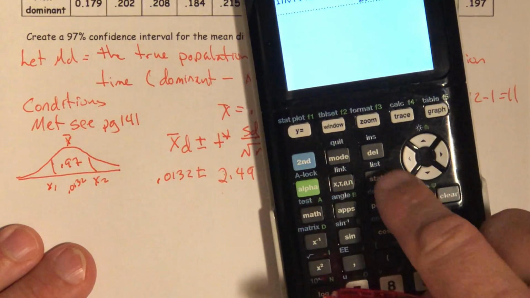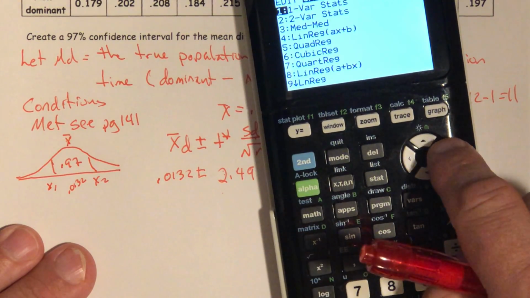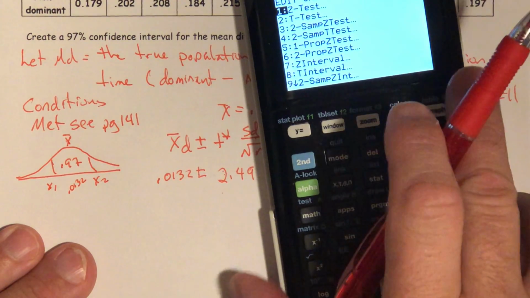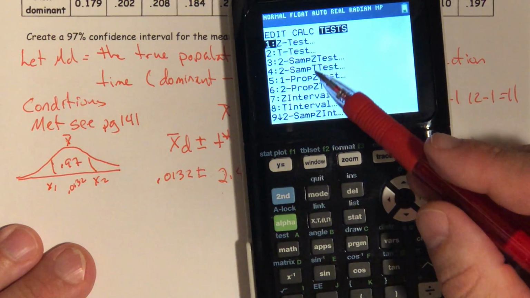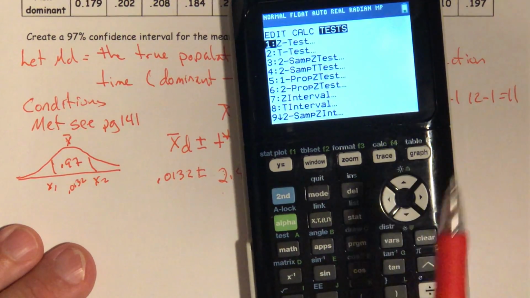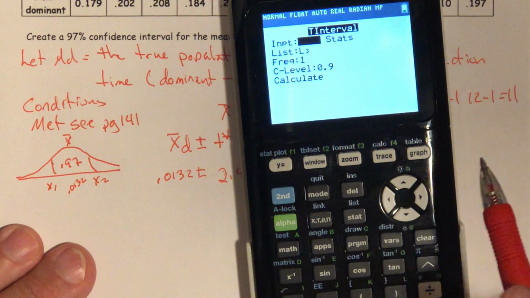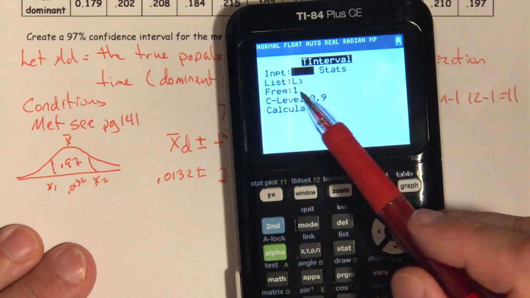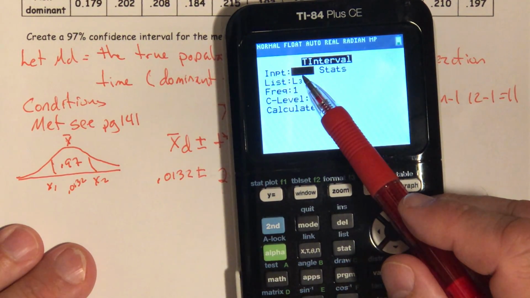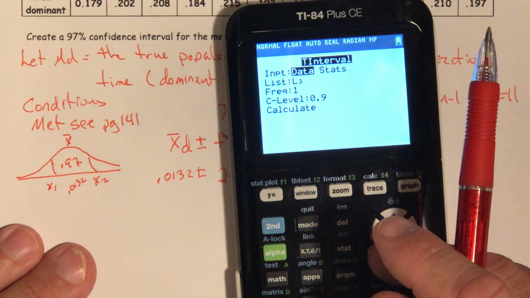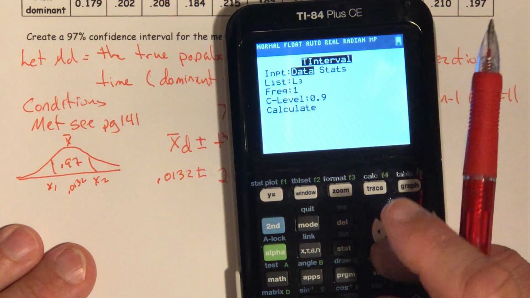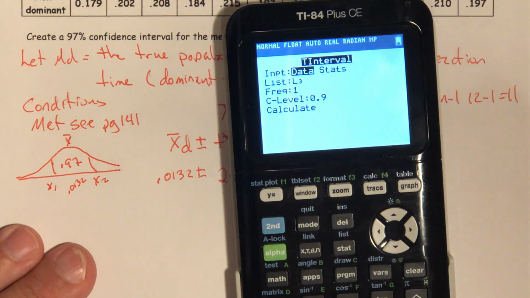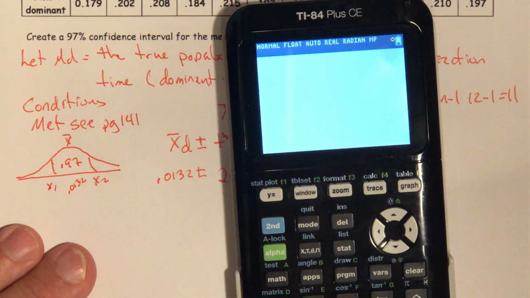So stat test, and we run a t-interval, which happens to be number 8. Make sure we use our data, so data is highlighted, list L3, frequency 1, and confidence level 0.97. It's really important to use a decimal point there.